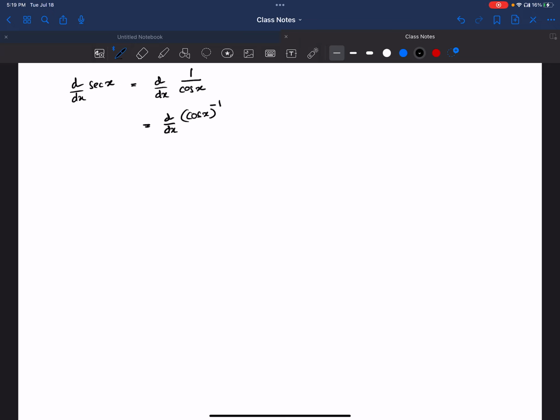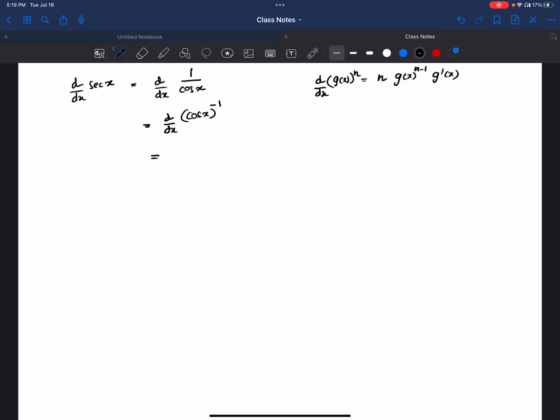So we learned that d over dx g x to the power n is equal to n times g x to the power n minus 1 times g prime x. So here g x is cosine x.